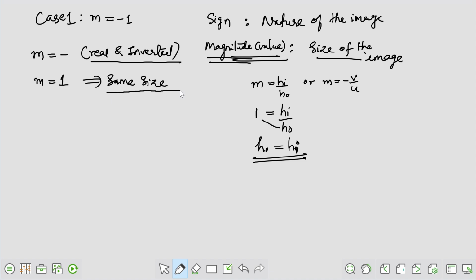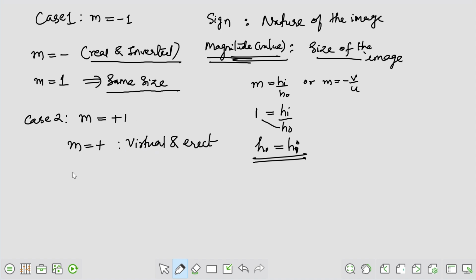Okay, now let's see case 2. Case 2, magnification is equal to plus 1. Now can you try? What does this sign indicate? Magnification plus. What does it indicate? Very good. Virtual and erect. And the value is again 1.